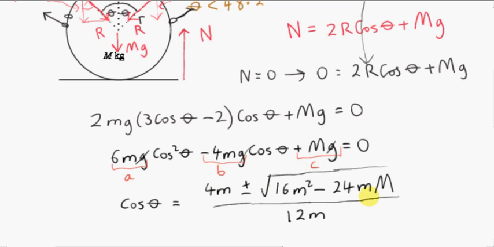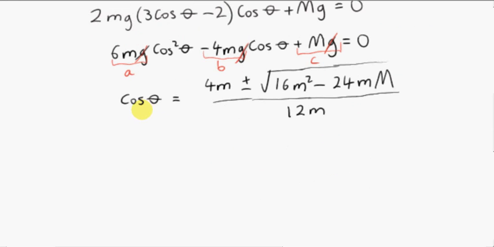So here's our formula for the solutions of a quadratic equation. We're solving for cos of theta. So it's minus b, that's minus 4m or plus 4m, plus or minus the square root of minus 4m squared, which is 16m squared, minus 4 times a times c. That's going to give us minus 24 little m times big M, and the whole lot is divided by 2 times a. That's 2 times 12m. Of course, the g's have been cancelled out all the way across here.